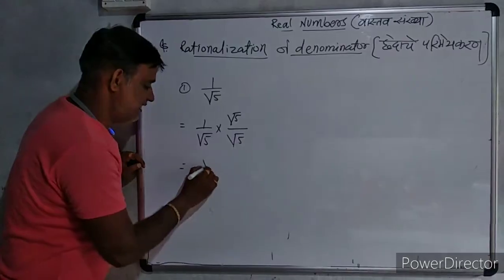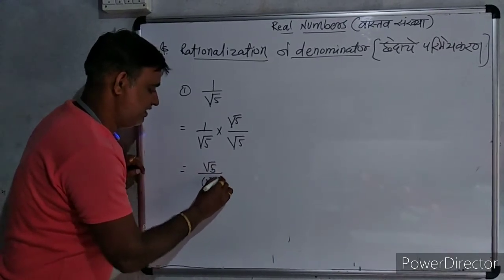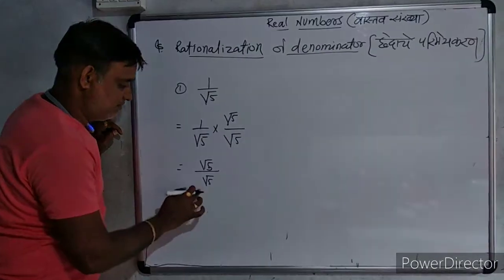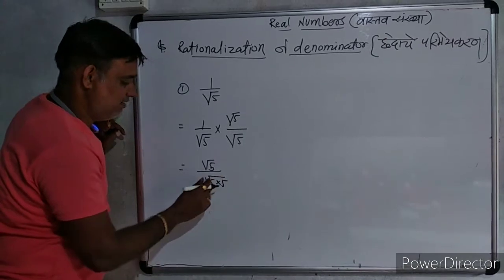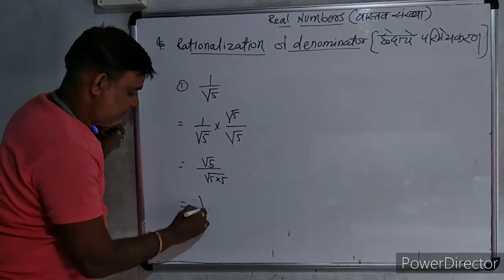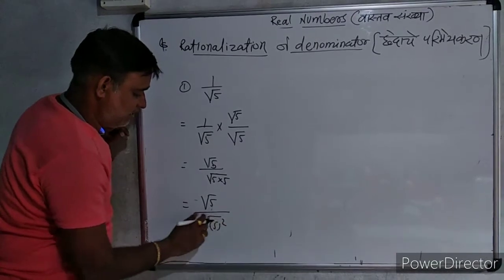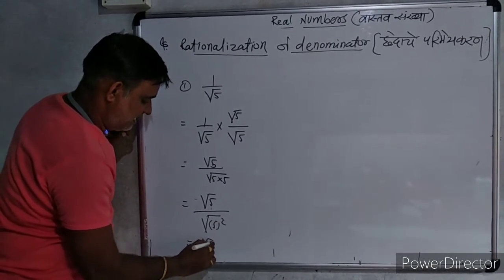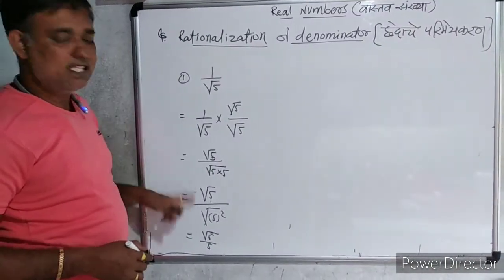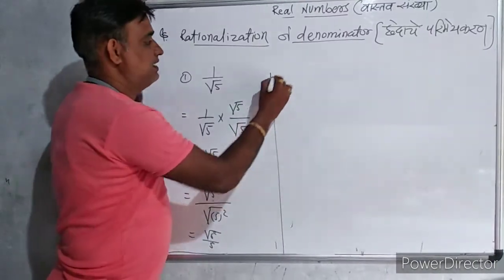So we get 1 into radicand 5, that is radicand 5, and in the denominator radicand 5 square, or in other terms we can write it as radicand 5 into radicand 5, that is radical 5 into 5. The order is the same, so under the same radical sign, again we get 5 square, the order and power are the same, so we get radical 5 upon 5. That is rationalization of the denominator.